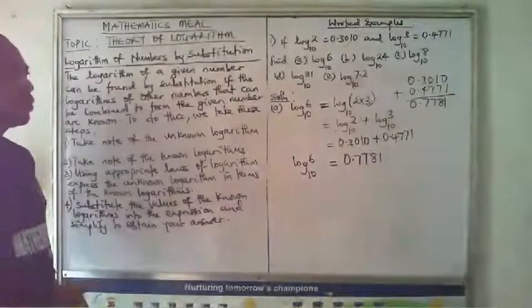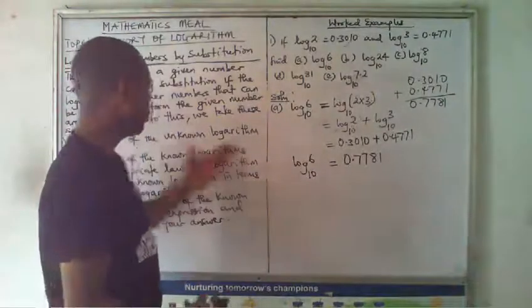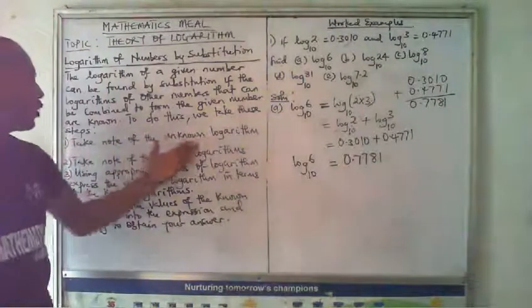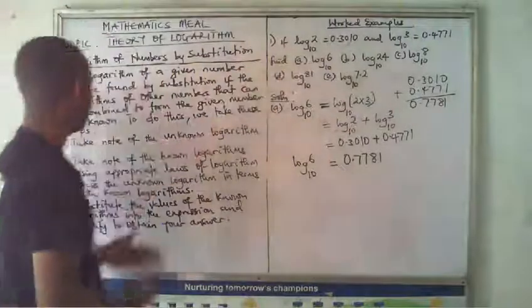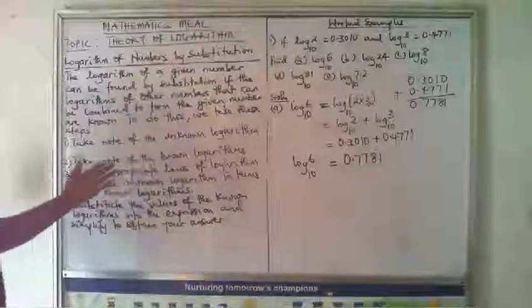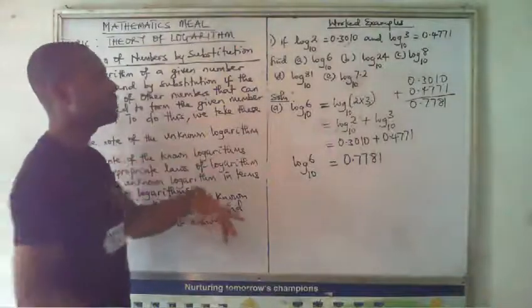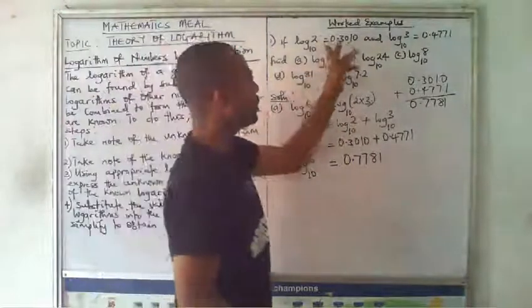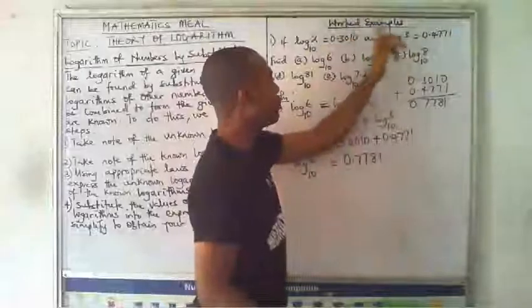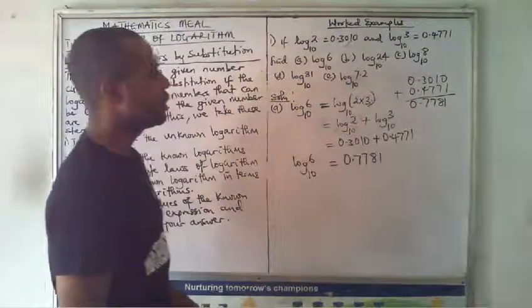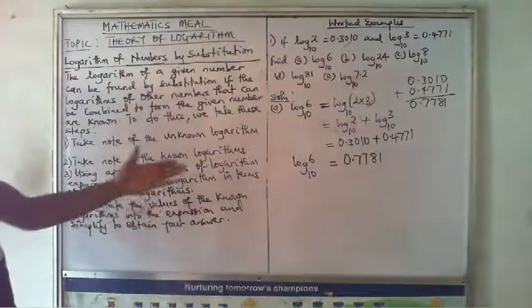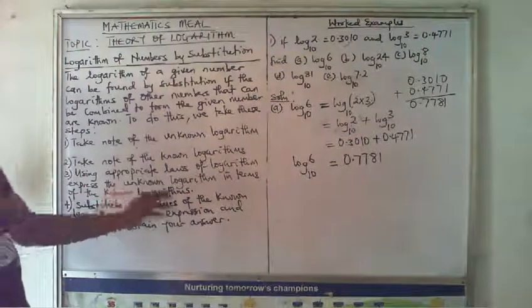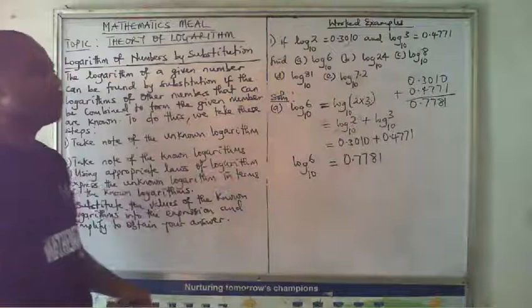If we decide to go through it again, we follow our steps. Take note of the unknown logarithm. The unknown logarithm here is log 6. Again, take note of the known logarithms. The ones that were given to us are logarithm of 2 and the logarithm of 3. Then express the unknown logarithm in terms of the known logarithms using appropriate laws of logarithm.